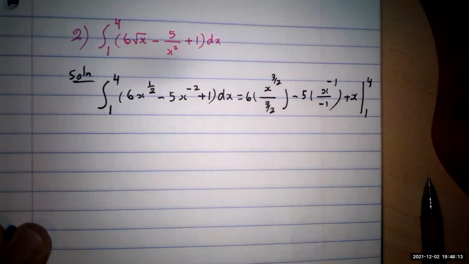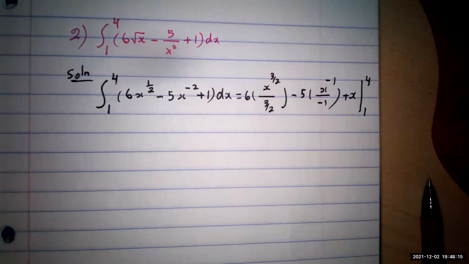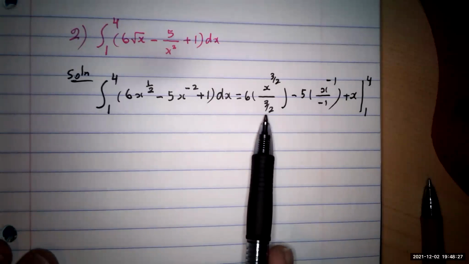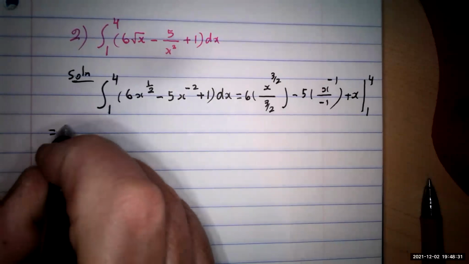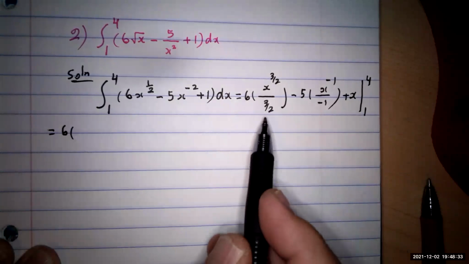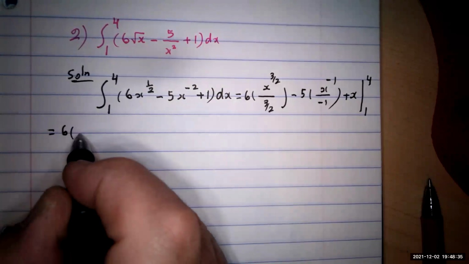Any question? The extra job was just to rewrite it first, and then simplify it first, and then start substituting. The simplification is that when you divide by a fraction, you flip it. So it's going to be 6 times 2/3.